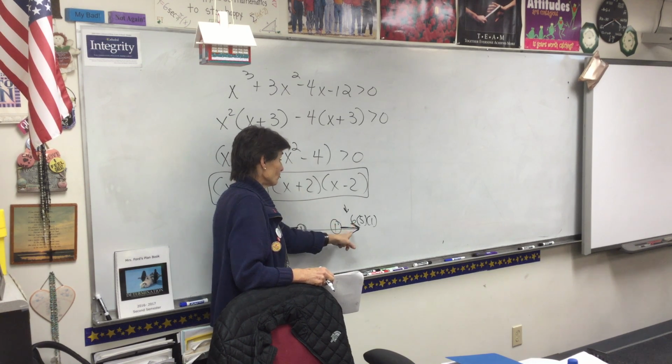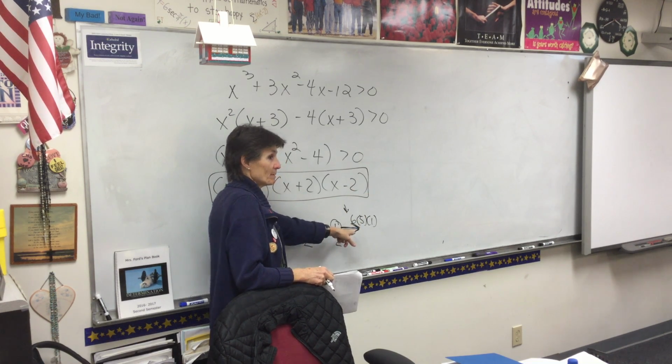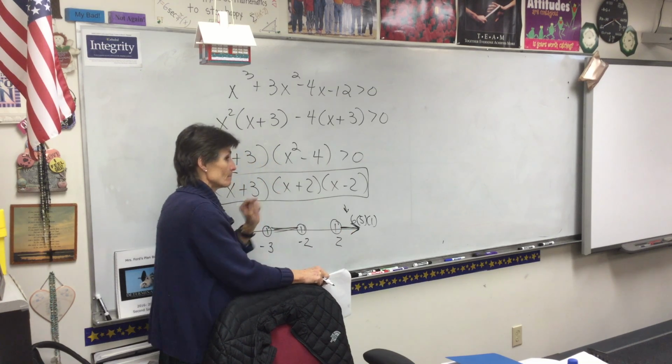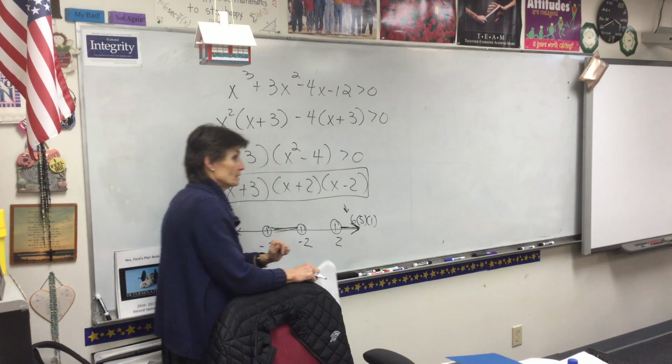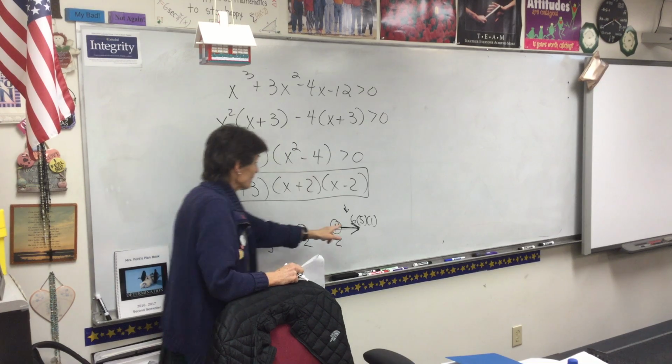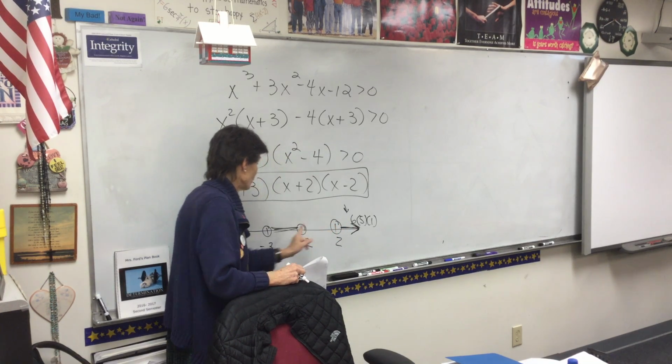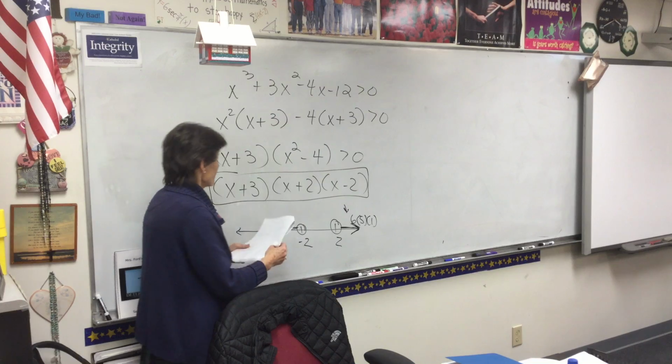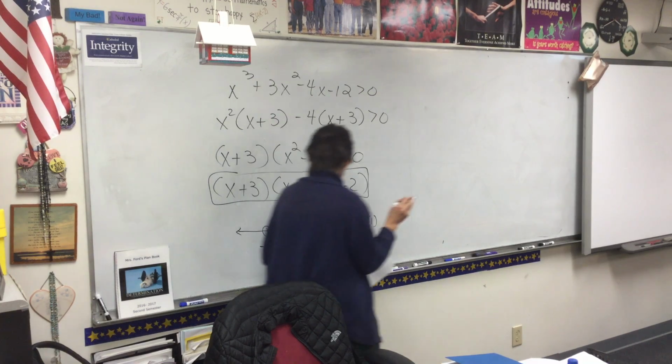You have to pick some number somewhere. It wouldn't have to be 3. It could be anything except these. But once you figured out that got shaded, then yes, no, yes, no. So then we've got to write our answer.